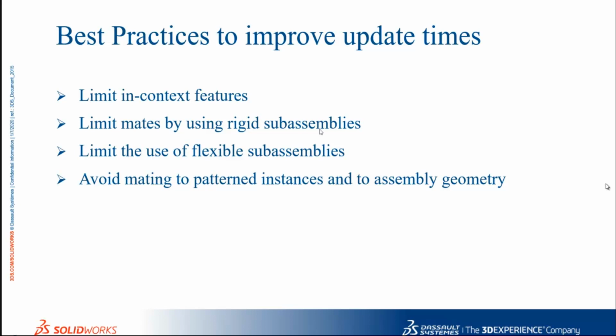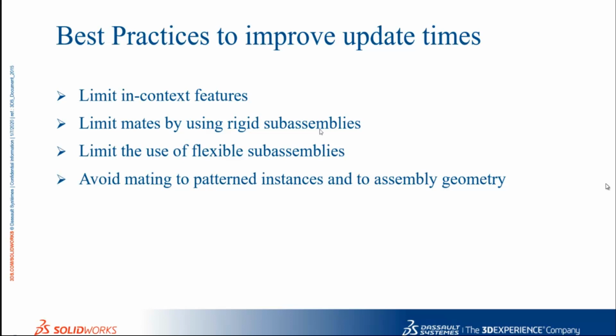So try to use rigid subassemblies to improve performance. A subassembly has different mates, and the top level assembly has different mates. If you are using a rigid subassembly, those mates are untouched. You can directly mate that subassembly by using three mates in the top level assembly. You don't have to take care of the mates of the subassembly, and so it will help to increase update time.